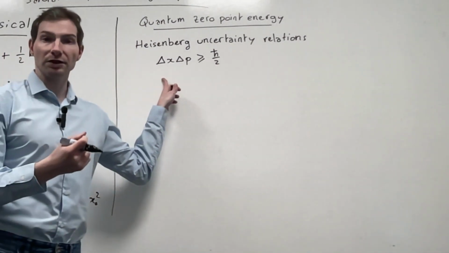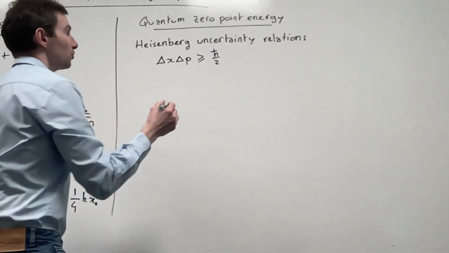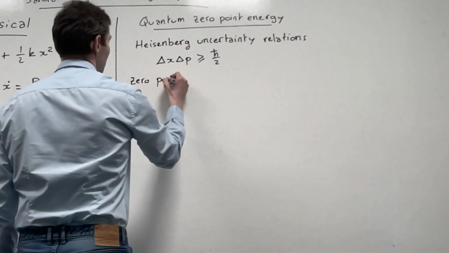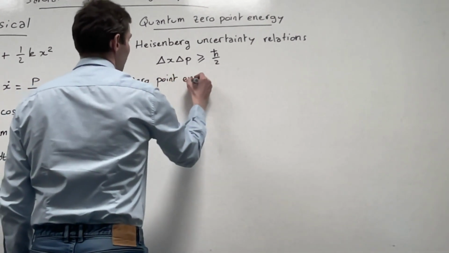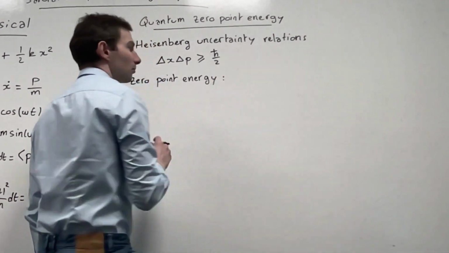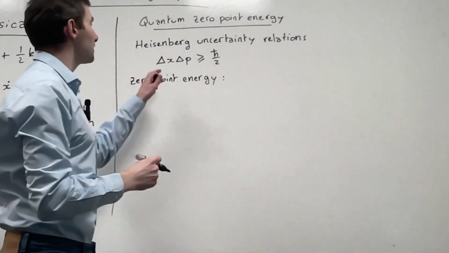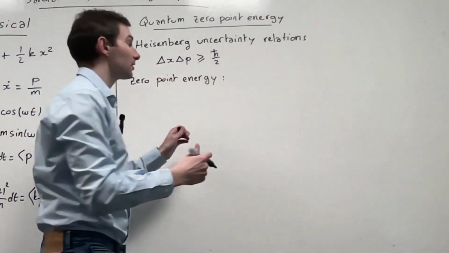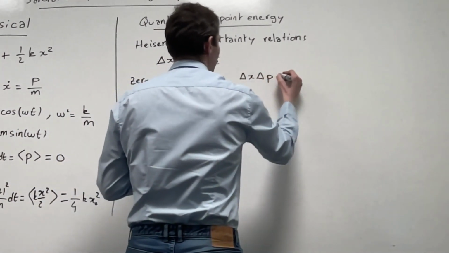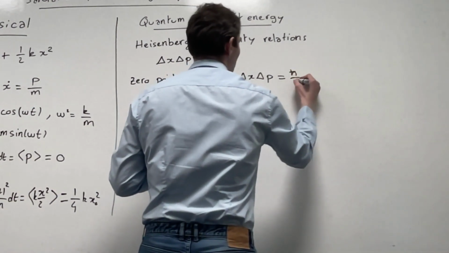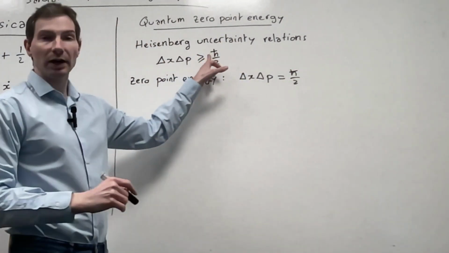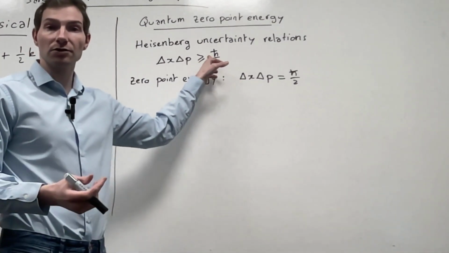Now, what we are going to do is call zero-point energy, or ground state, or sometimes vacuum energy, the situation where this inequality is saturated. And so what we have is that delta x, delta p is equal to h bar over 2. Here, h bar, by the way, is the so-called reduced Planck constant.